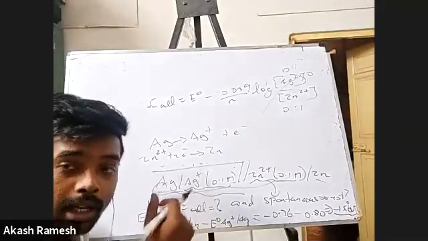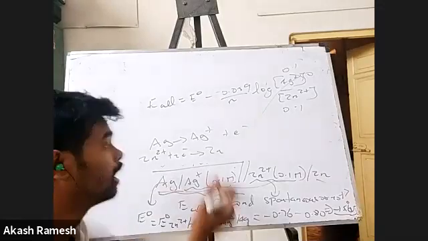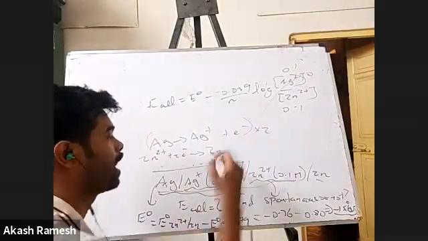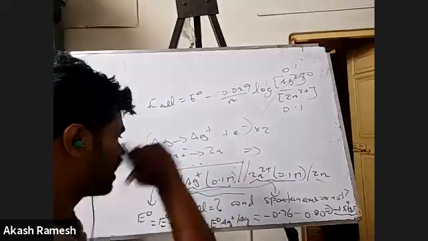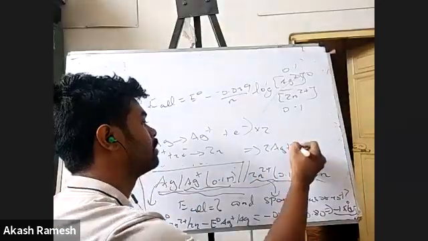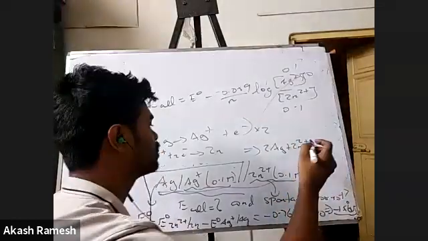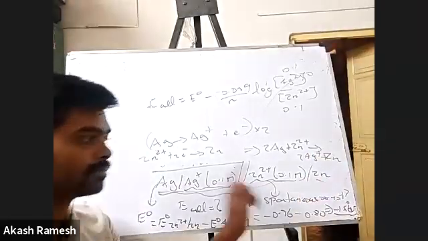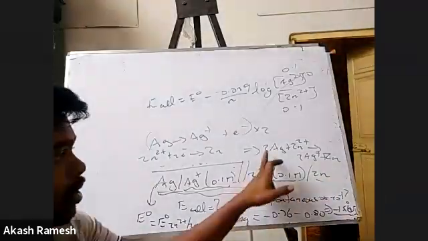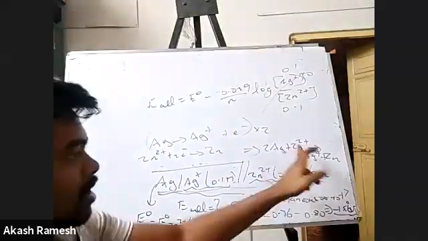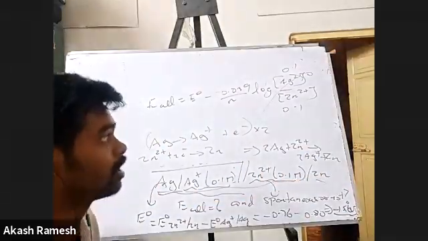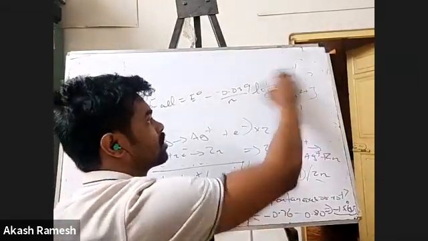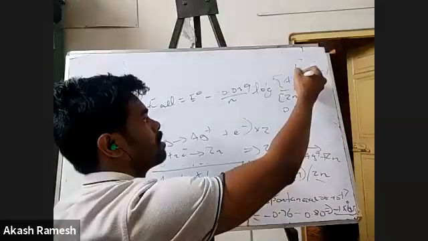You have to make sure that in the overall reaction there is no electron present. So I multiply this by 2 and then add. Now I have 2Ag plus Zn2 plus gives 2Ag plus zinc. So now how should I write it? This should be Ag plus concentration squared.